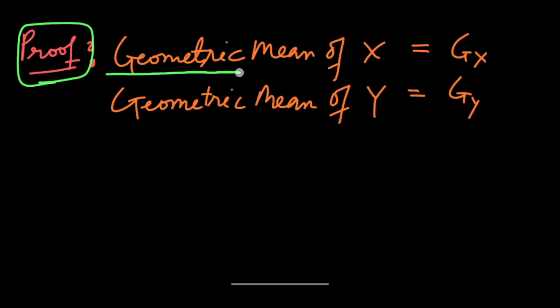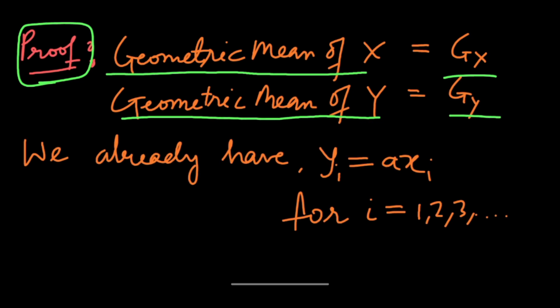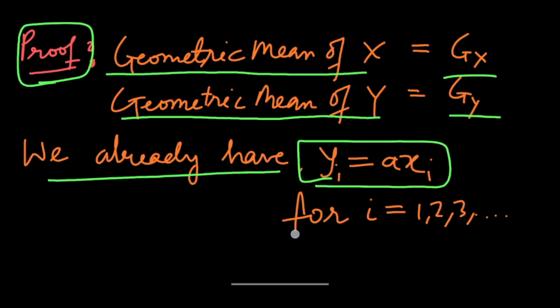Firstly, the geometric mean of x equals Gx. The geometric mean of y is represented as Gy. It is already given that yi equals axi for i equals 1, 2, 3 up to n.